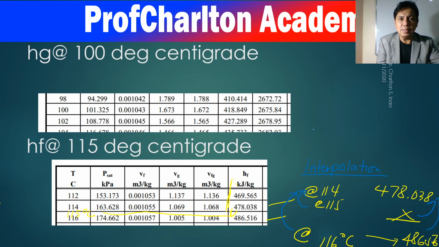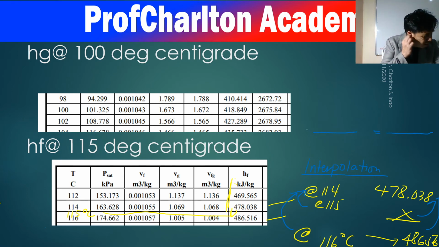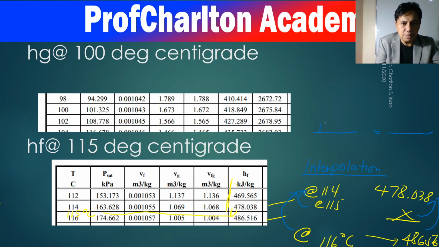So by interpolation, we can have this, right? And then we will solve it. How do we get this? So equals this. In the numerator we can have 115 minus 114, because it's a one-on-one correspondence, so it should yield positive. The denominator is 116 minus 114, right?